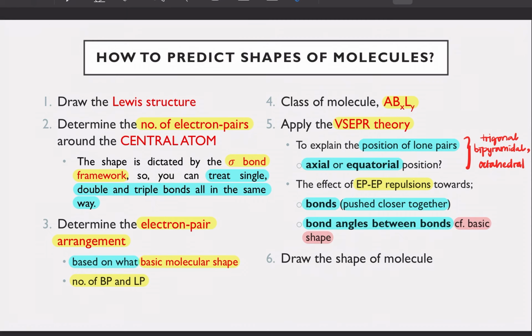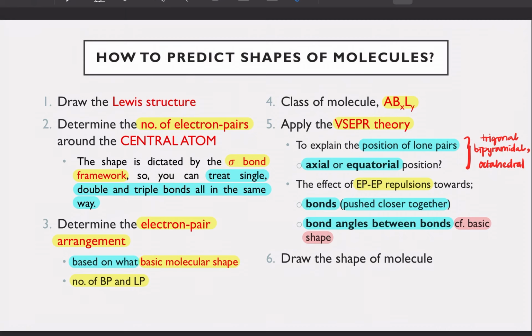Okay, what will it do to the bonds? Okay, your bonds will be pushed closer together. So what will happen? Then the bond angles between your bonds will be smaller compared to your basic shape selalunya. Okay, bila dia ada lone pair.